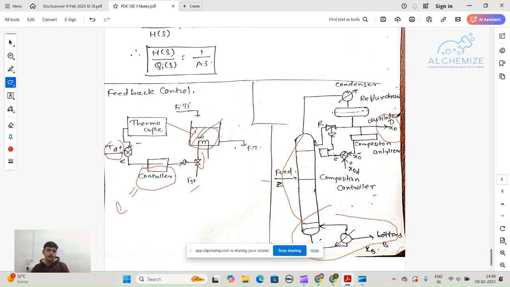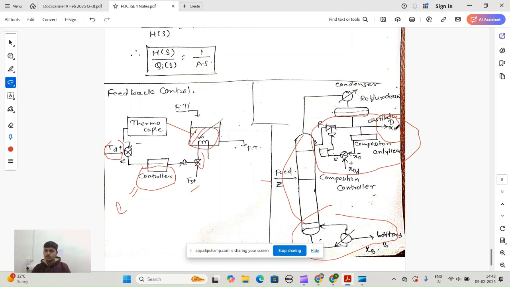To control xD, there is only one way, to regulate the reflux. To control the reflux, I have to put one control system here, and I am going to put the feedback control system for this. So here a composition analyzer.